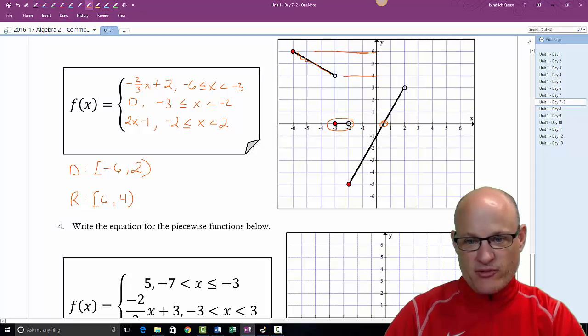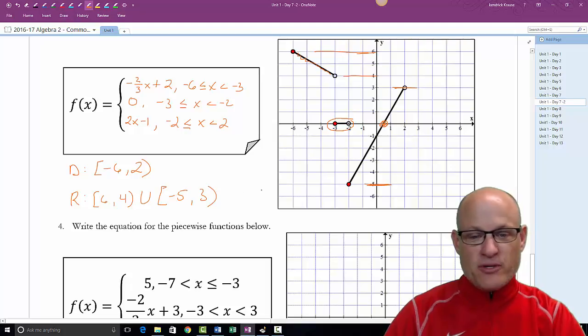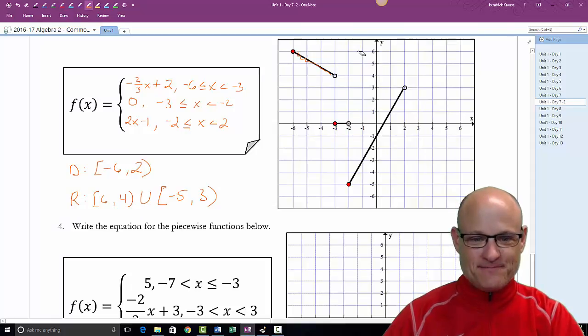So 0, it could be 0 either here or here. So I'm just going to include it on that one. So union from -5 to 3. And that would be the range for that value. Ooh, man, that's crazy.